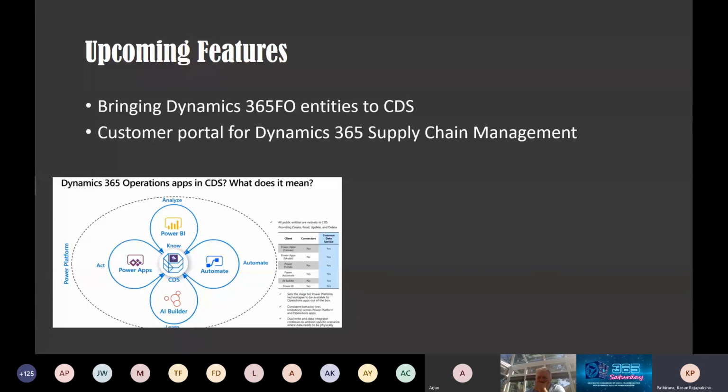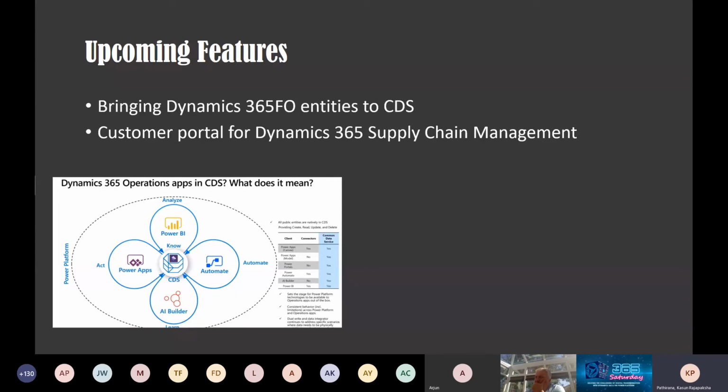If you look at the Embassy, Ryan Jones was actually talking about this. You have dual write, dual integrate, and the FNO connector as well. But now with the help of the CDS, bringing in the entities, you don't need an external view of it.